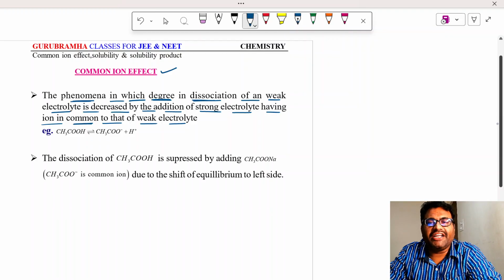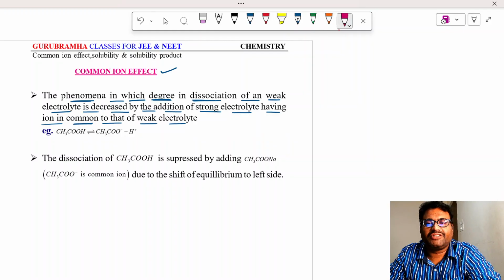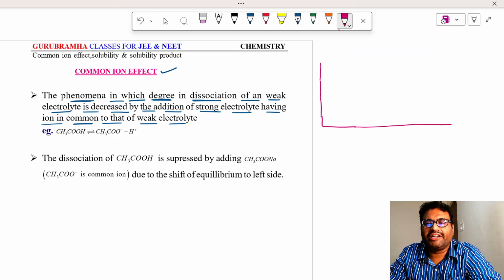Let us see in detail. In this container, initially, acetic acid is present.